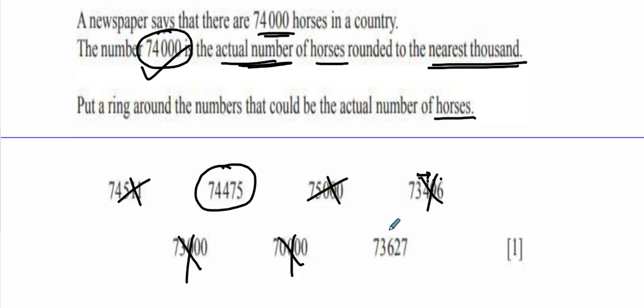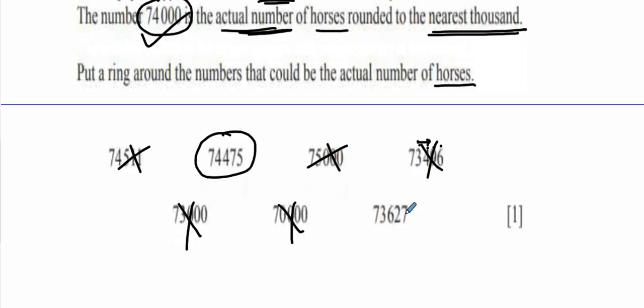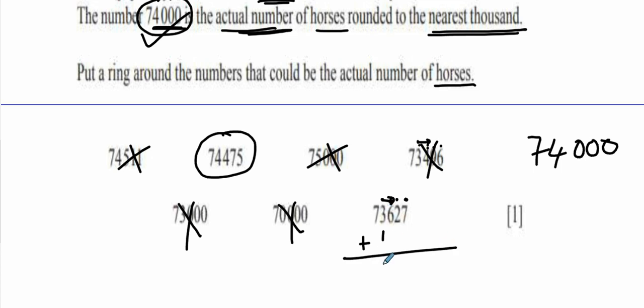How about this? Let us check this. If I round this number correct to the nearest thousand, do I get the answer 74,000? Let's check. Ones, tens, hundreds, thousands. Check on your right, there is 6. 6 is bigger than 5, so add 1 here, this will be 4.